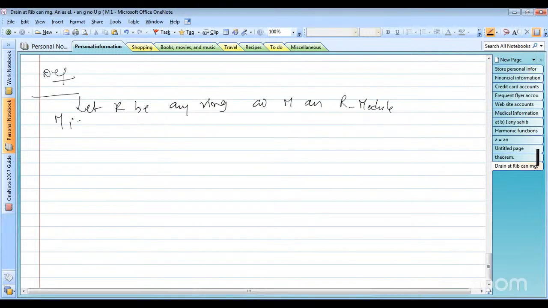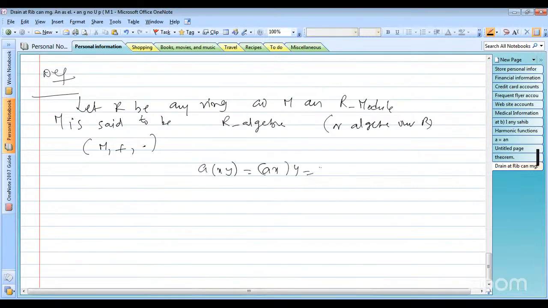M is said to be an R-algebra, a left module or algebra over R, if there is a binary operation of multiplication and addition, so we write M, plus, dot, which is a ring that need not be commutative, as I already told. Then a(xy) = (ax)y = x(ay), which is the multiplication process, for all a belongs to R and x, y belongs to M. Now we have to learn submodules.